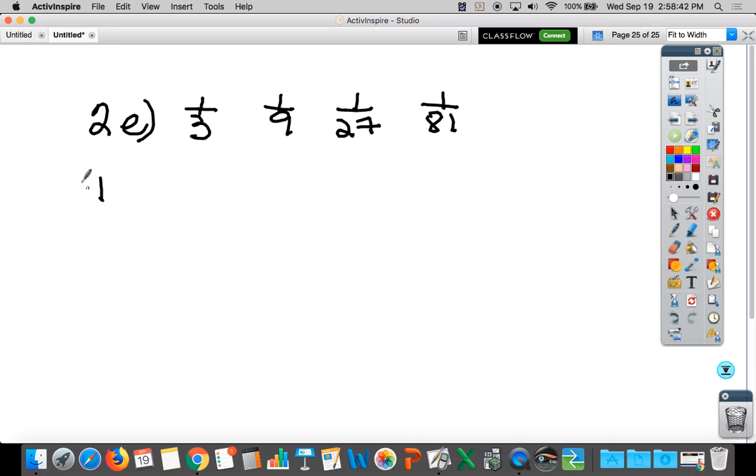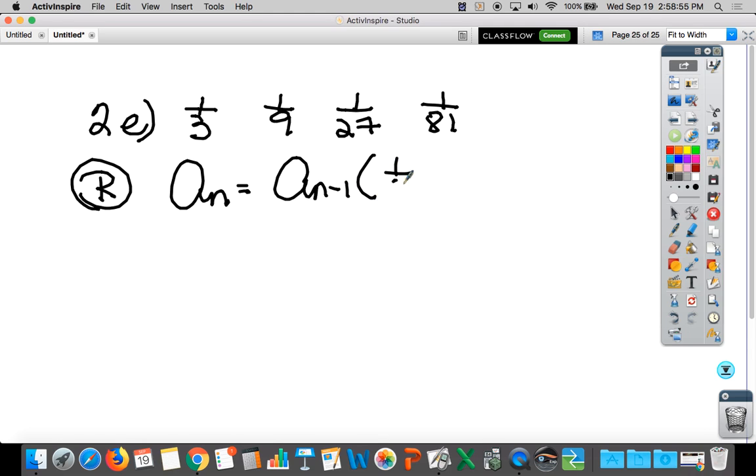Okay, so let's do the recursive first. So our a sub n equals a sub n minus 1 times 1/3, where your a sub 1 is 1/3. You could have put the 1/3 on the front. That's perfectly okay. Just put it right there in front.